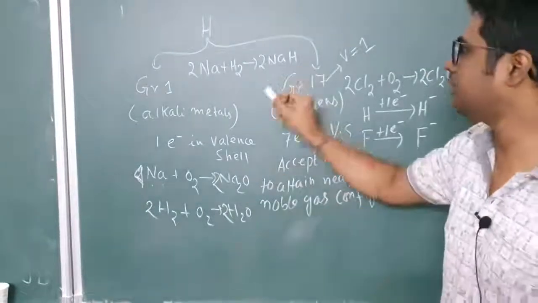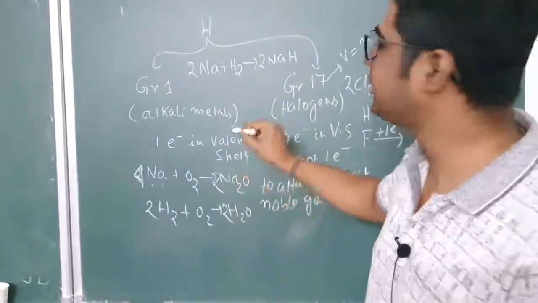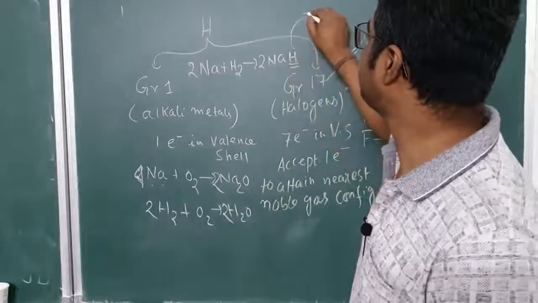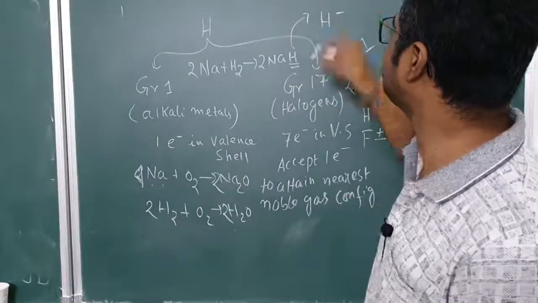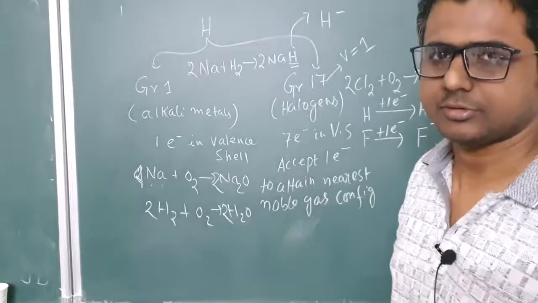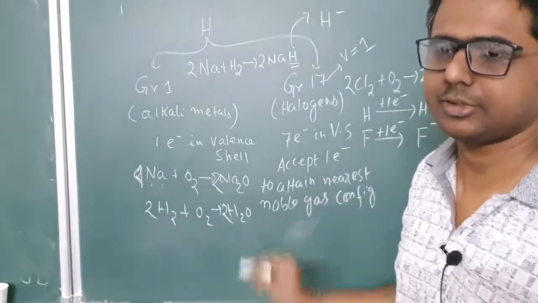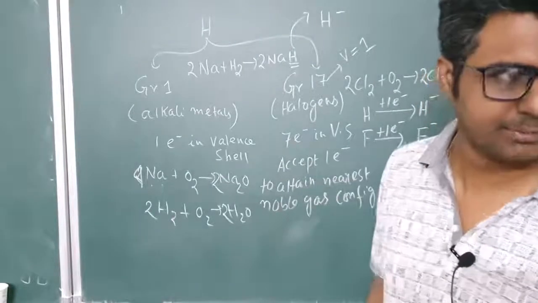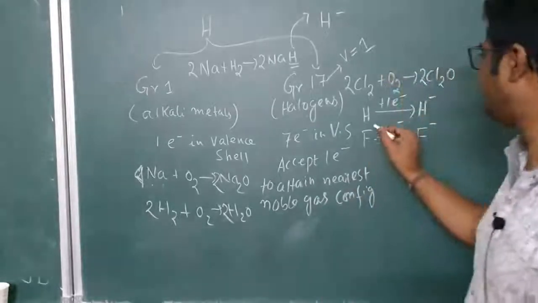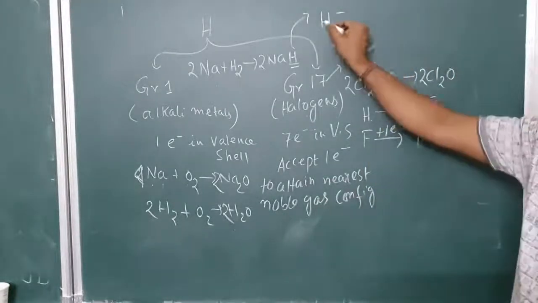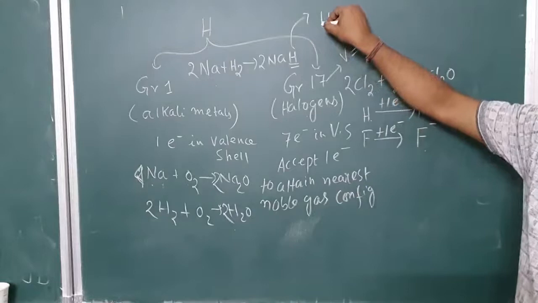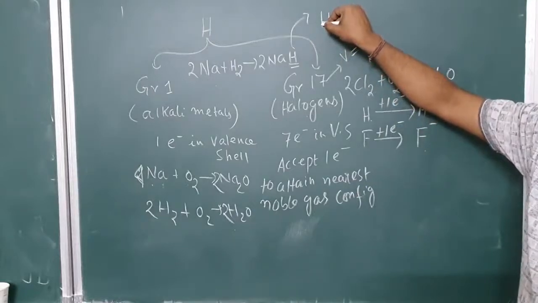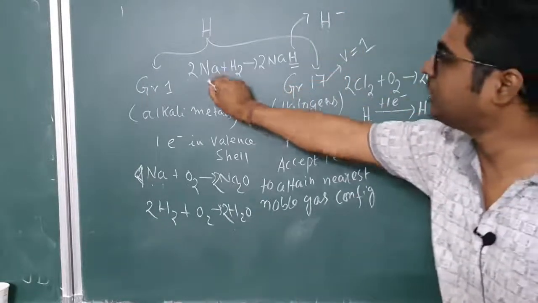Because in this case we are talking about hydrides. In hydrides, this hydrogen is basically H minus. So hydride means hydrogen as H minus, so it has accepted an electron. When hydrogen accepted an electron to form H minus, where did it get its electron from? It got the electron from sodium.